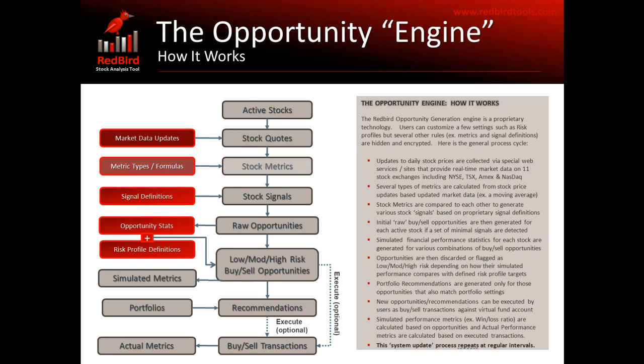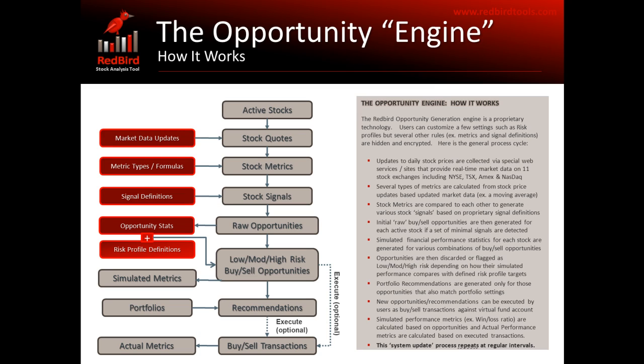Stock metrics are then compared to various true and false stock signals based upon RedBird's proprietary definition of stock signals. From this, raw buy-sell opportunities are generated for all the active stocks in the system if particular or minimal signals are detected. Simulated financial performance statistics are then generated for various combinations of buy-sell opportunities.